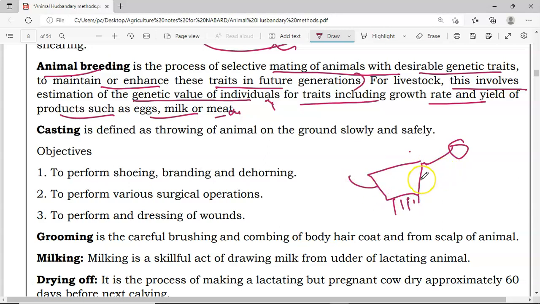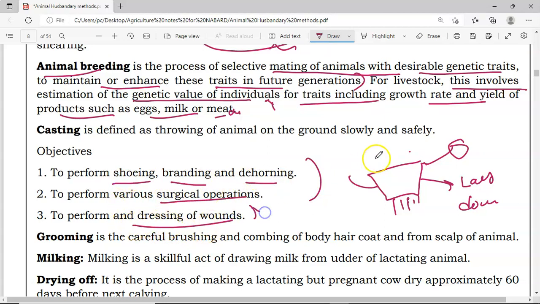If you want to lay down this animal for various purposes like chewing, branding and dehorning, to perform various surgical operations, or to dress a wound if you have found any wound on its body, then slowly laying down the animal for its safety is known as casting.